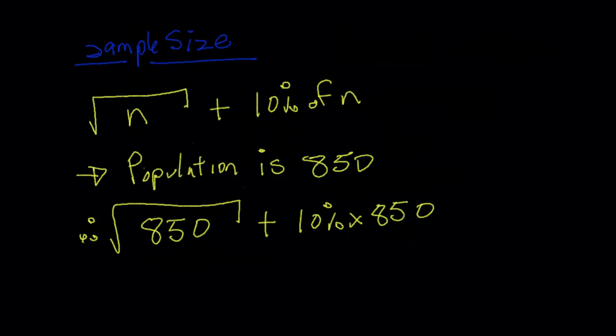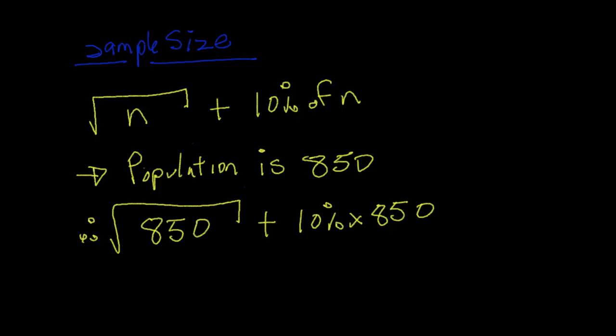So let's have a look at sample size. For sample size, we've got to be able to pick the right number of people we need for our survey. Now, there's a couple of formulas you can use, but this one's pretty good. This one's the one that we will use in this course. It's using the square root of n plus 10% of n, where n is the actual population. Okay, n is the number of people that you're looking at. So when you do that, you end up going square root of 850, add 10% of 850.